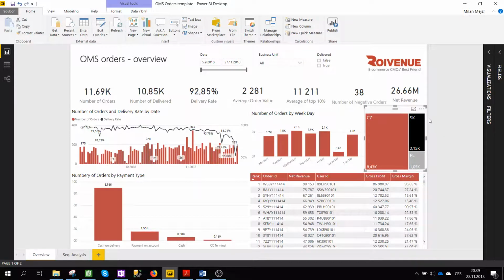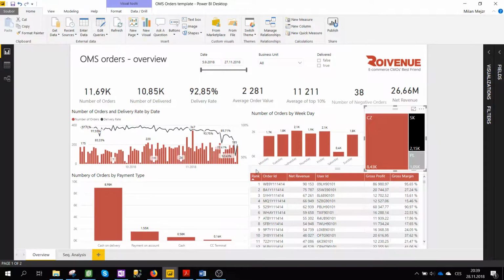Then the next ones are Slovakia and Poland. So basically three countries. We don't have more here. The next chart is again a column chart. It's number of orders by payment type. So an easy chart. For example, we see that the most used payment type is cash on delivery.